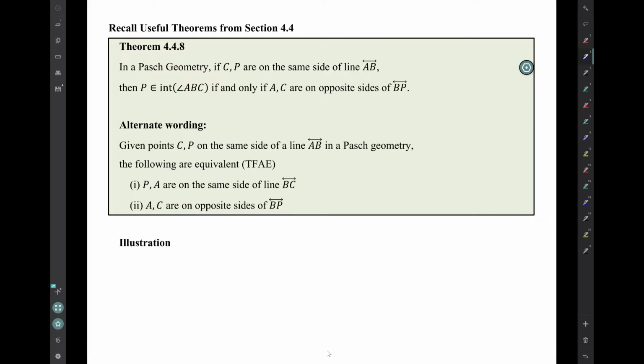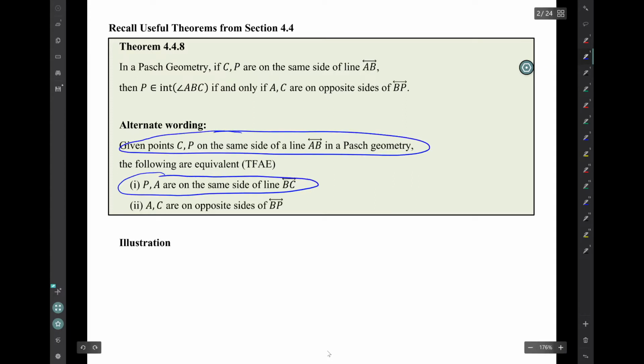Now, it'll be helpful to make an illustration of this. So let's see if we can illustrate statement 1. So it's statement 1 along with this given information.